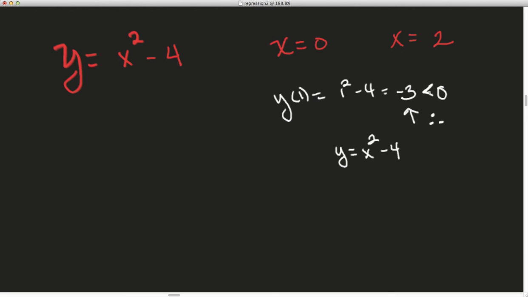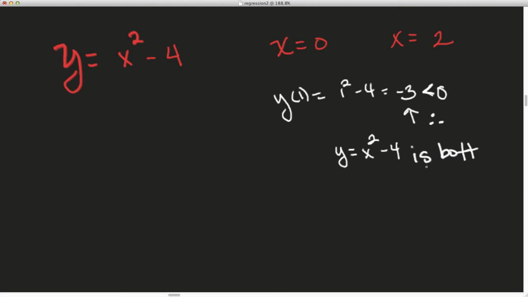No, that's why we just tested that point. So when we plugged in a 1, we found a -3. So it's less than 0. 0 is the other function. So therefore, y equals x squared minus 4 is the bottom. Had you gotten a +3, it would be on top. Do you understand what we're doing?